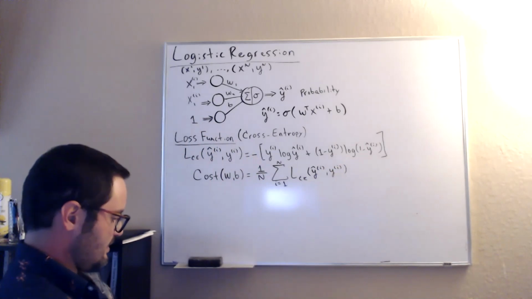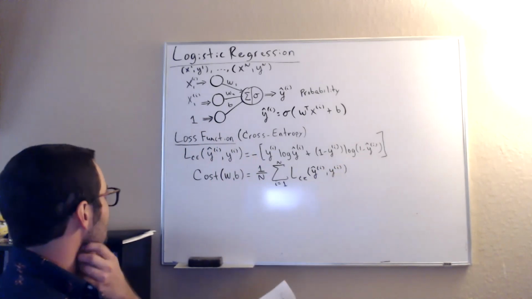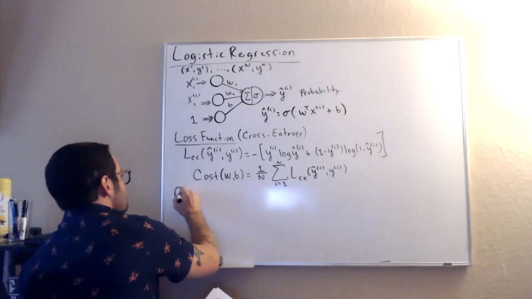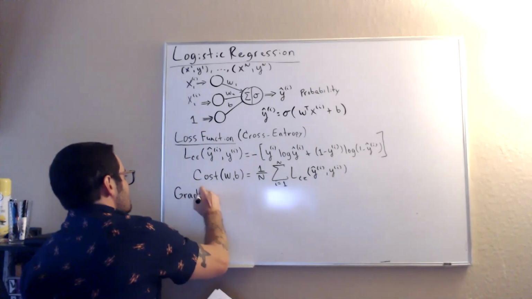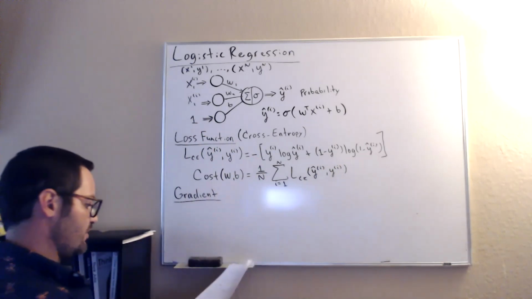For gradient descent, we need to know the partial derivatives. So for the gradient of this cost function, it's the sum of the partial derivatives.